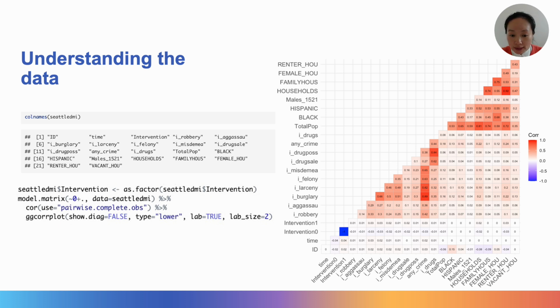The first column, ID, means the unique identifier for each block. Time denotes the time periods in our dataset. Remember, we have 12 pre-intervention time periods and 4 post-intervention time periods.